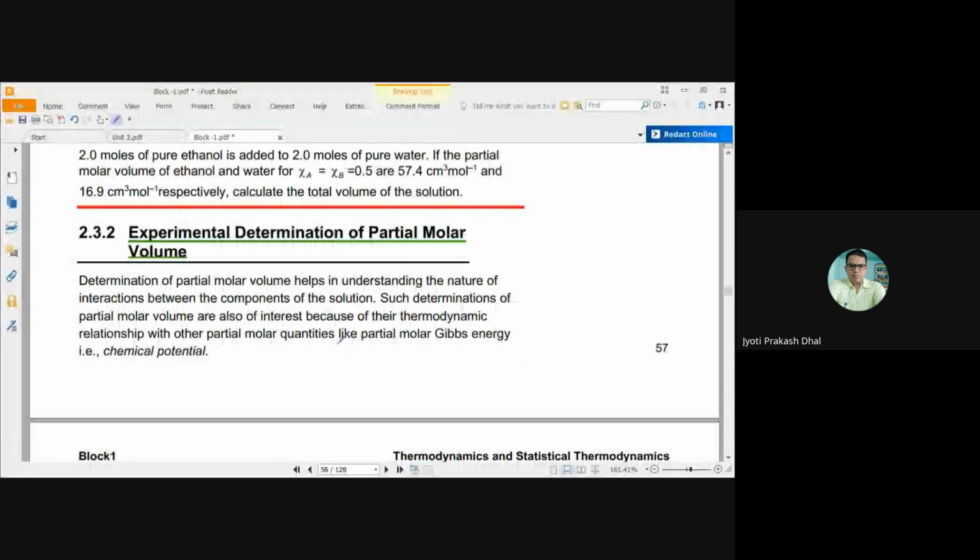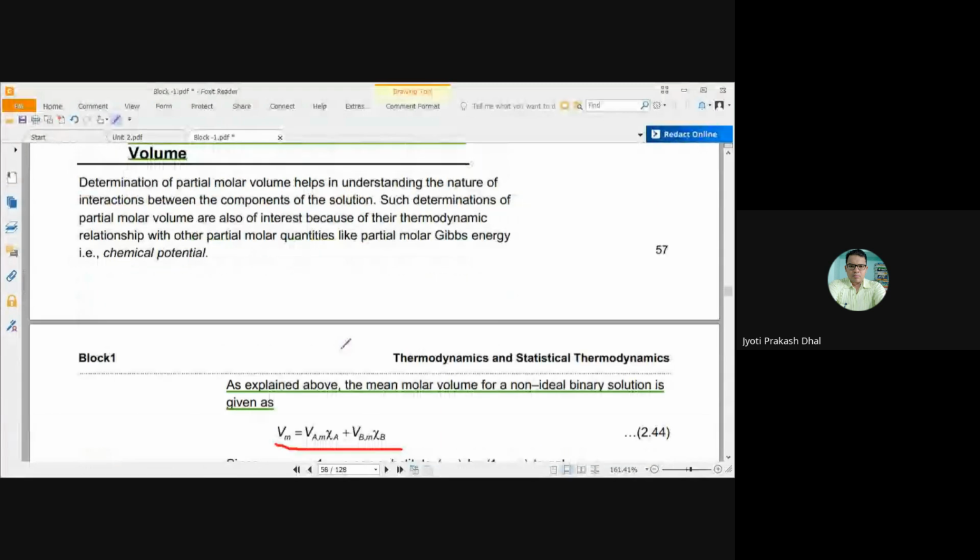So here we will continue with experimental determination of partial molar volume.